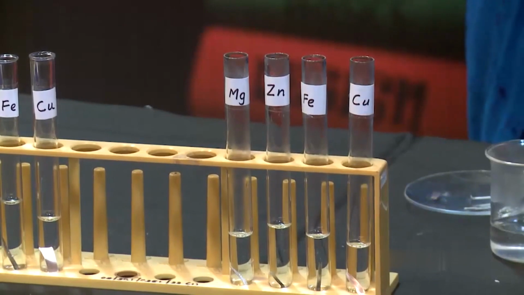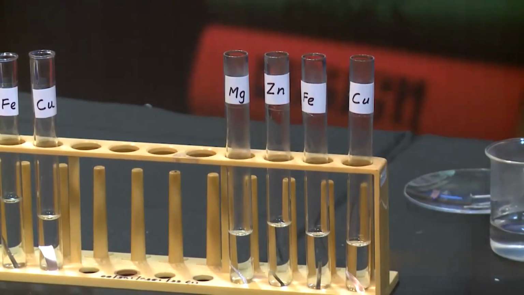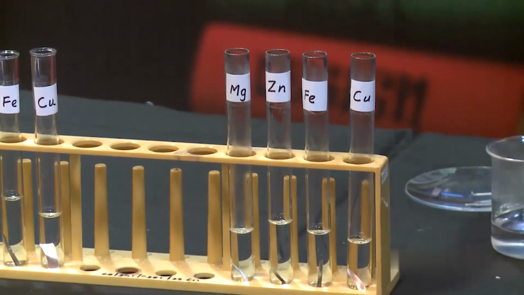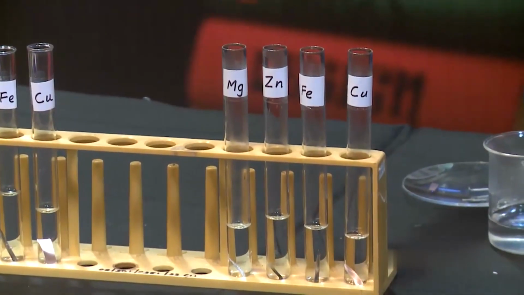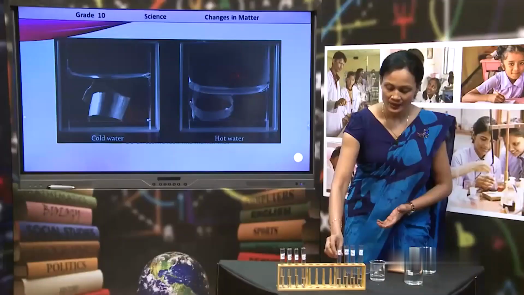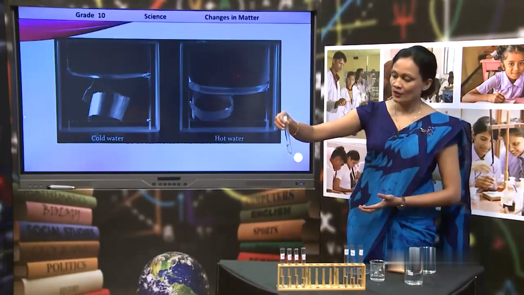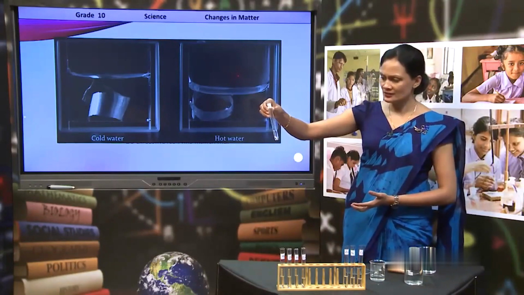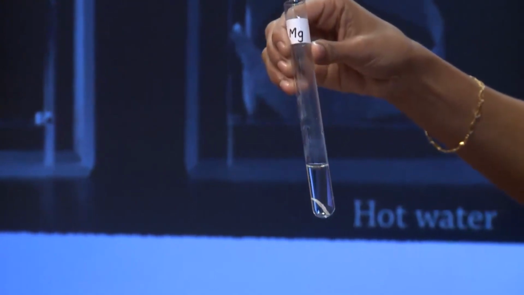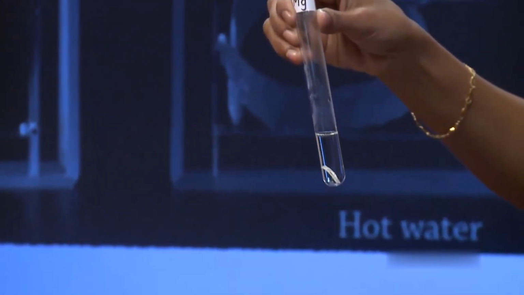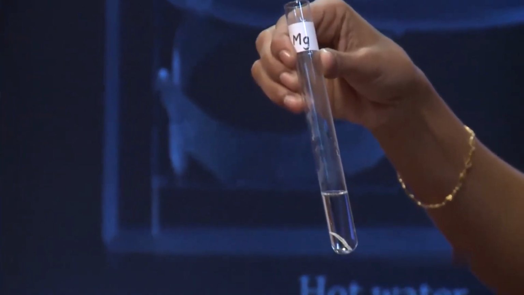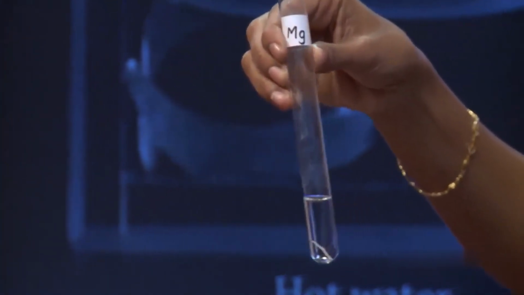Observe that, children. Here I put different metals and after that I pour hot water into each test tube. If you observe that, look at this one. If you observe it very carefully, you can see there are small gas bubbles evolving near the magnesium strip.